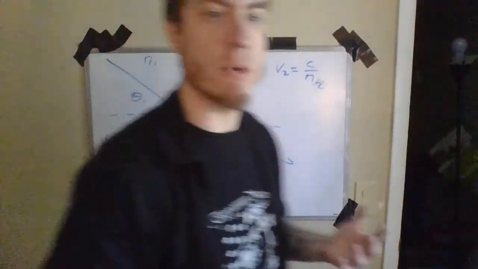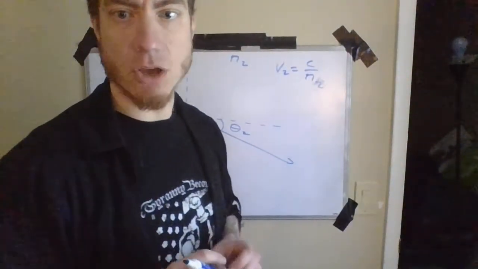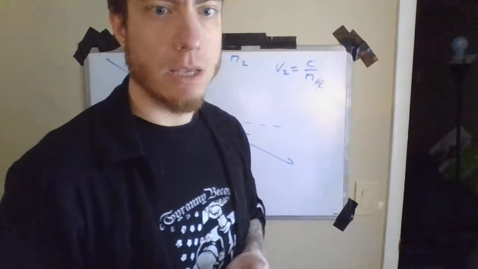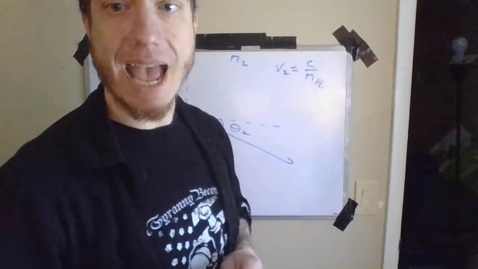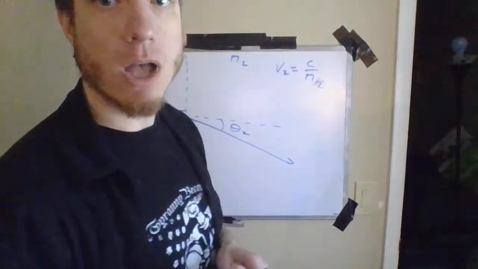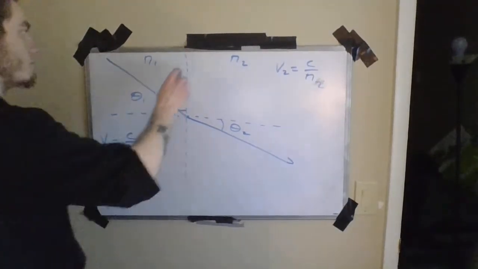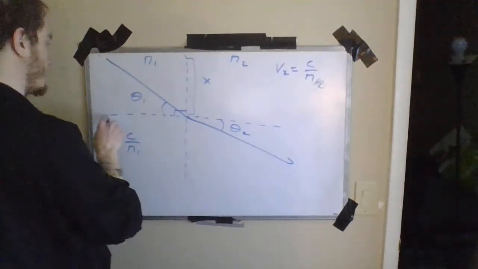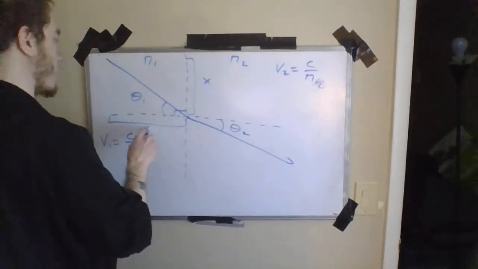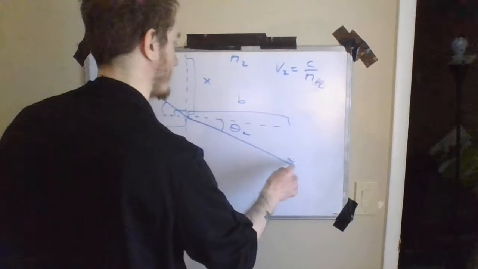There is a reason why we want to end up with this sort of thing. What we want to do next is consider the following construction. We're going to call this distance here x, this distance here a, and this distance here b.